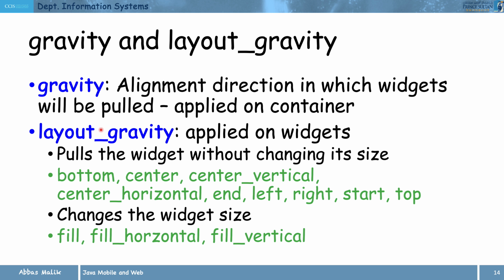I mean, the alignment: left alignment, right alignment, top alignment, bottom alignment. So it's more like an alignment. You can align those different widgets individually, or in the container you say gravity is bottom, and everything goes towards the bottom. So gravity is on containers, layout gravity on elements.